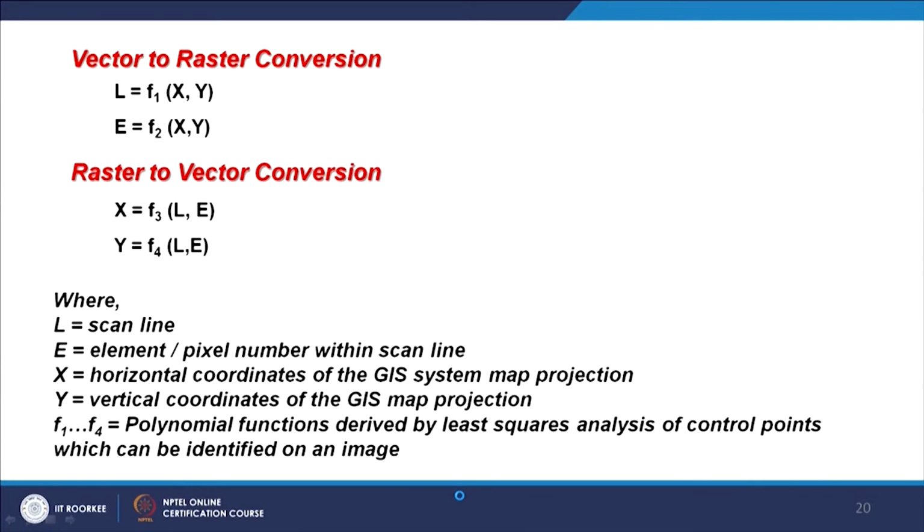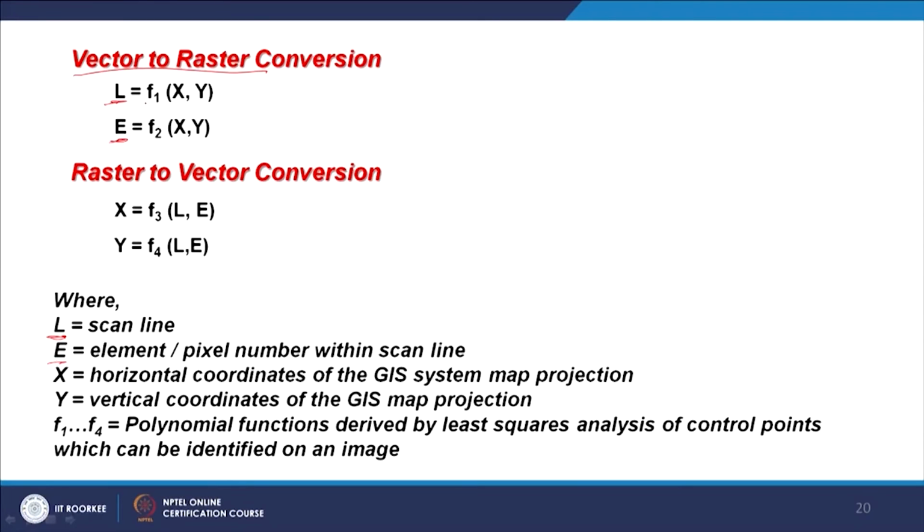So if I have to convert from vector to raster, first I am determining the row and column number. L here is the scan line or row number, E is the element or pixel number. That is the location, not the value.